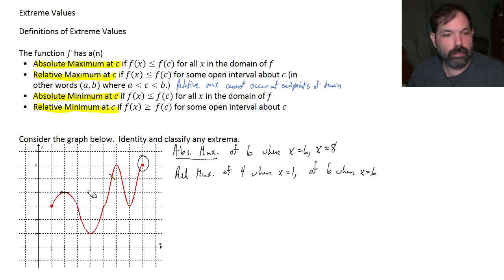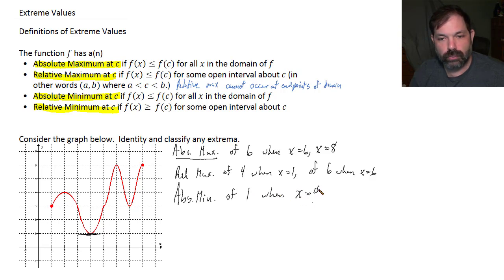All right, minimums. How about an absolute minimum? So it looks like this one's pretty easy. There's an absolute minimum of 1 when x equals 4. Relative minimums.